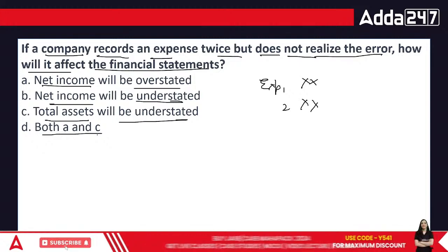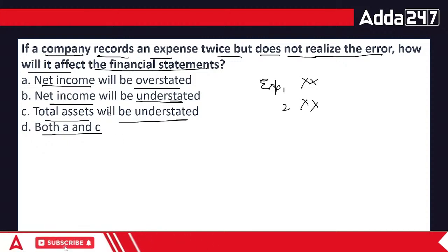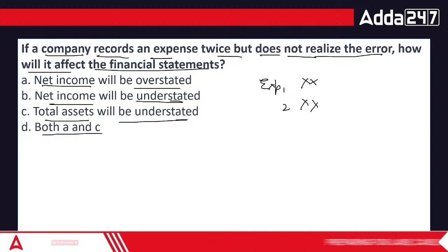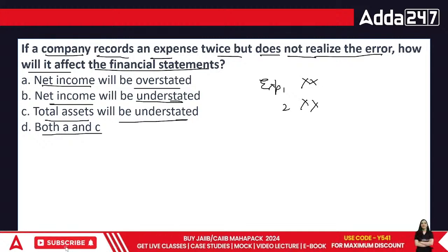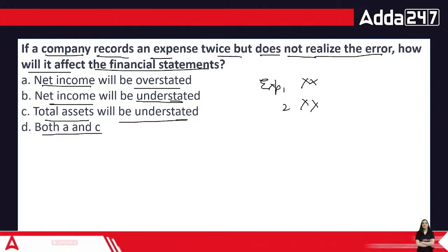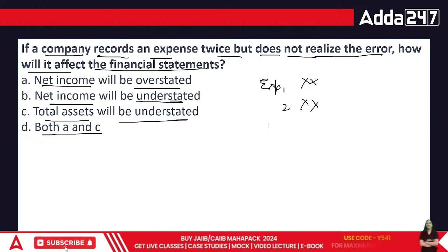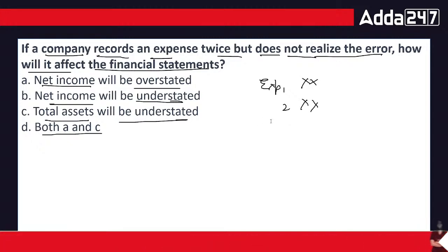Okay, if a company records an expense twice but does not realize the error. Obviously, in this case, if it is an expense which is recorded twice, then your net income is understated. Why? The expense has been noted twice.